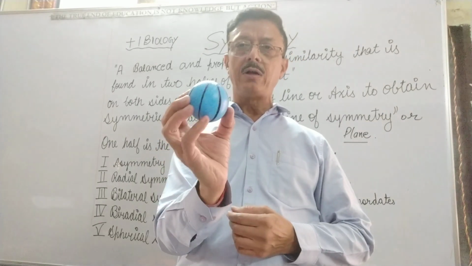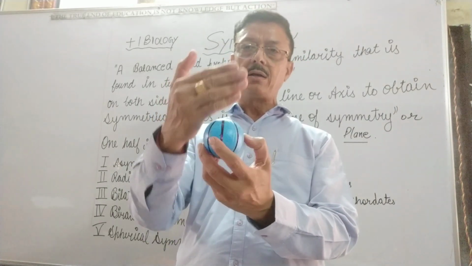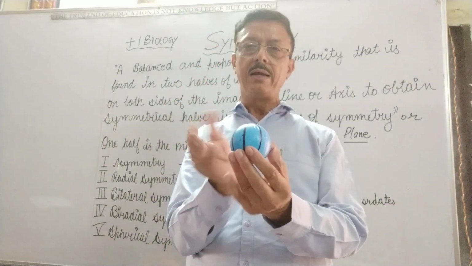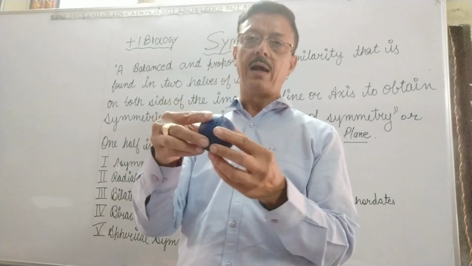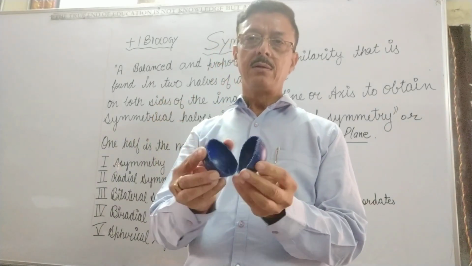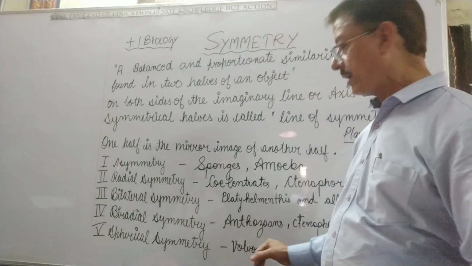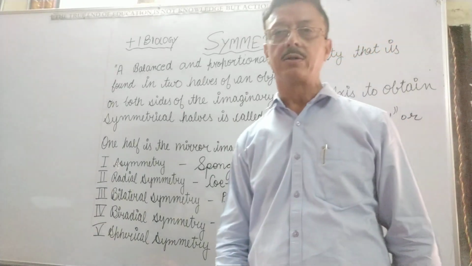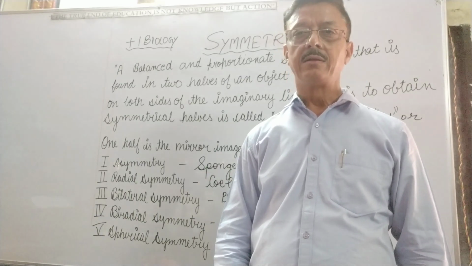We can show here on the ball, I have marked the lines. We can cut the ball in any direction, suppose longitudinally or horizontally, and we will get two equal halves in this spherical symmetry. This spherical type of symmetry is present in some protistans, for example, Volvox. I hope you like this topic, symmetry. Thank you very much.